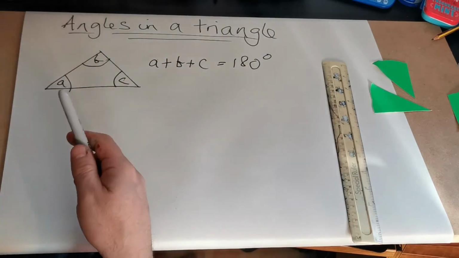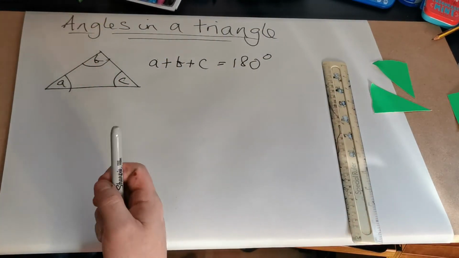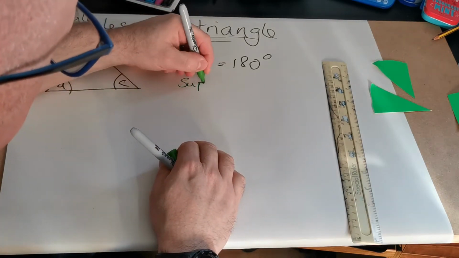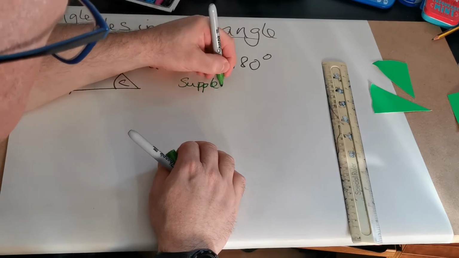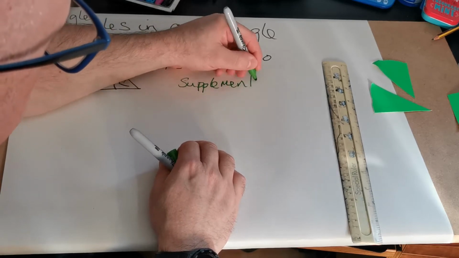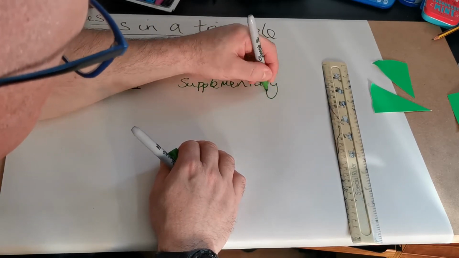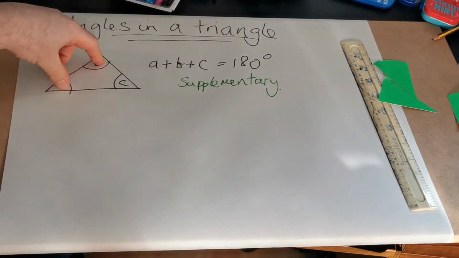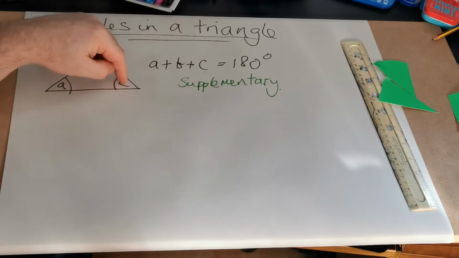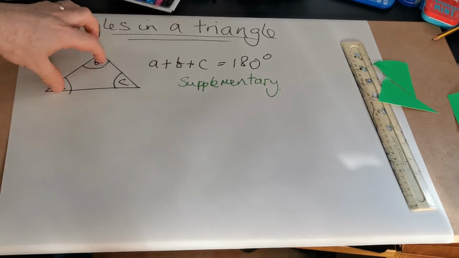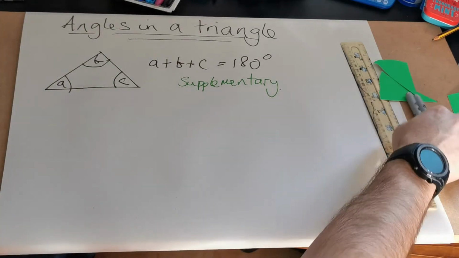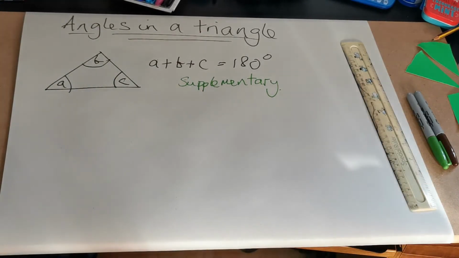And then my favourite little maths word, they are supplementary. So if you're given two of the angles, it's easy to find out the third one by just thinking, what do I have to add to these two to make that 180 degrees? So something that's quite a common maths thing.